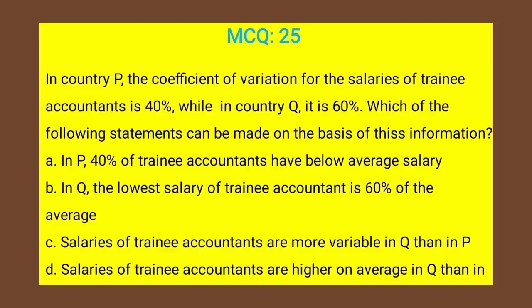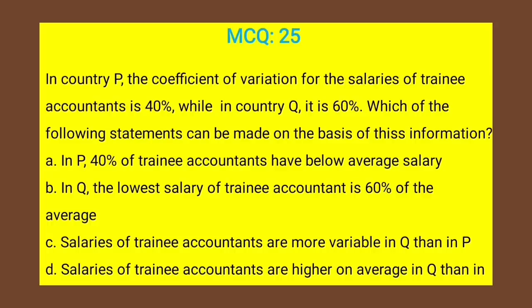B. In Q, the lowest salary of trainee accountants is 60%. C. Salaries of trainee accountants are more variable in Q than in P. D. Salaries of trainee accountants are higher on average in Q than in P.